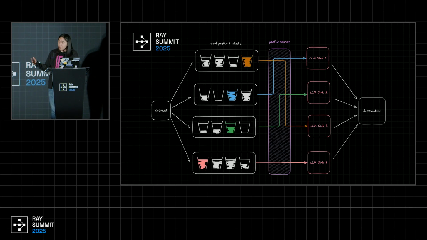So what that looks like in this diagram is we have first our local prefix bucketing on individual machines, and then choosing the largest bucket on each machine, we then go through the prefix router to determine which LLM serving engine to actually give it to. And we combine this technique with our continuous batching.